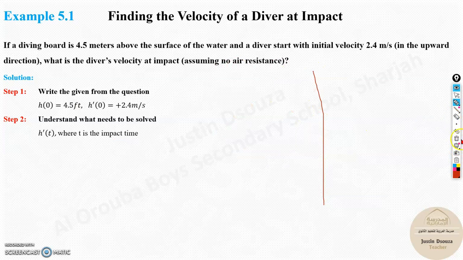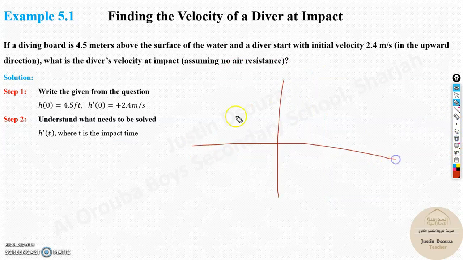Imagine you go up like this and you come down over here. The impact is this particular point. You start from 4.5, and when is the impact? At this particular point, when it touches zero.